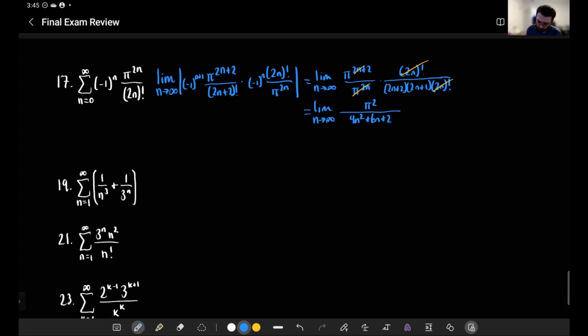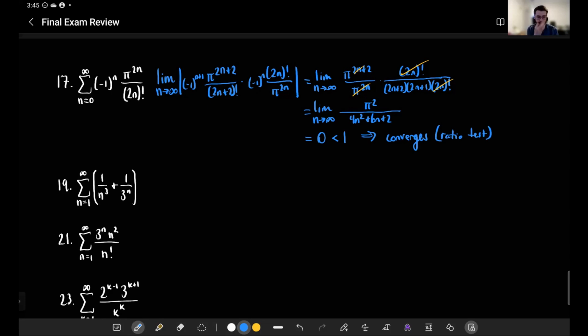The denominator is going to go to infinity, which means the whole fraction should go to 0 because the top is just a constant. So ratio test says if this is less than 1, then your series converges absolutely, which means it converges by the ratio test.